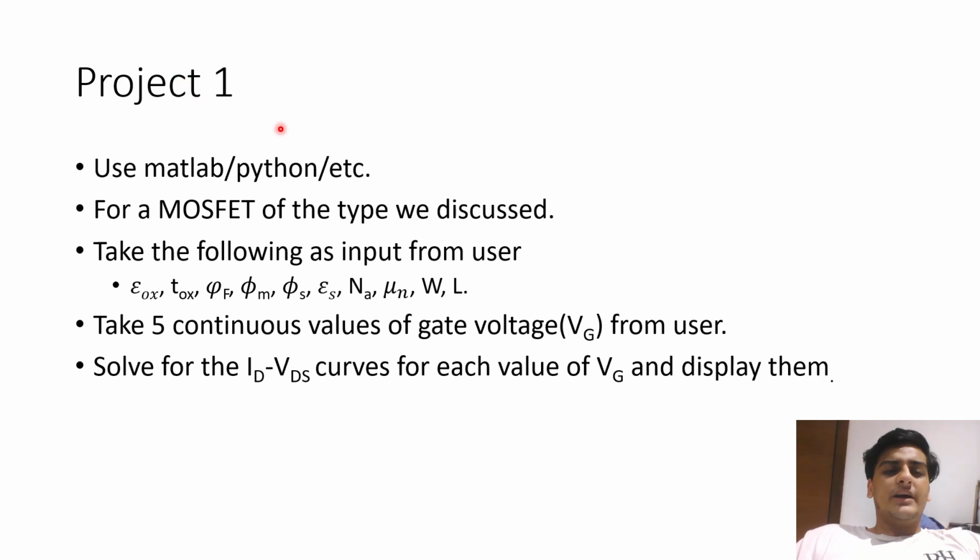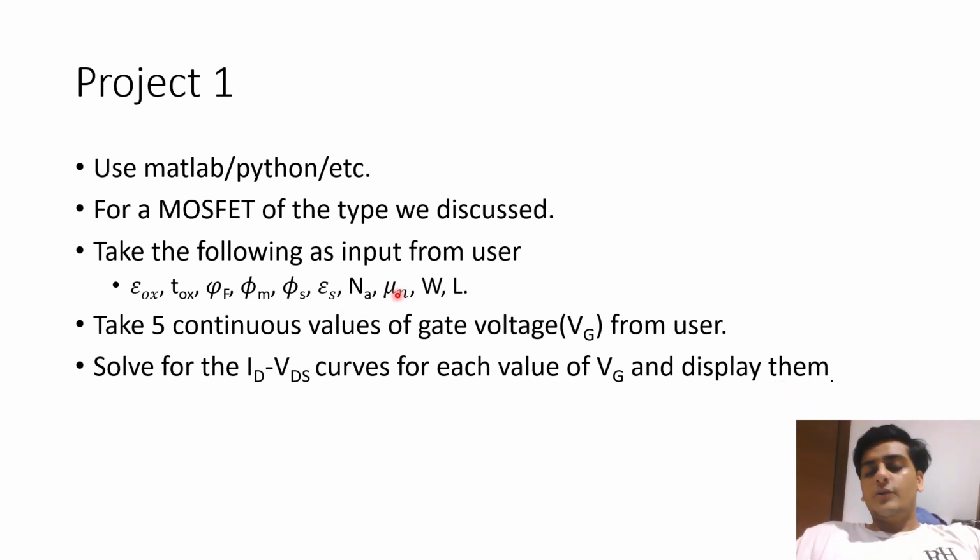So, first project, you can use something like MATLAB or Python. The stuff that we discussed in today's module is just essentially that, a MOSFET of that type. You take these values as input from the user. You take some values of gate voltage and you solve for these ID VDS curves and you display them. Okay, so it's not as simple as it may sound.